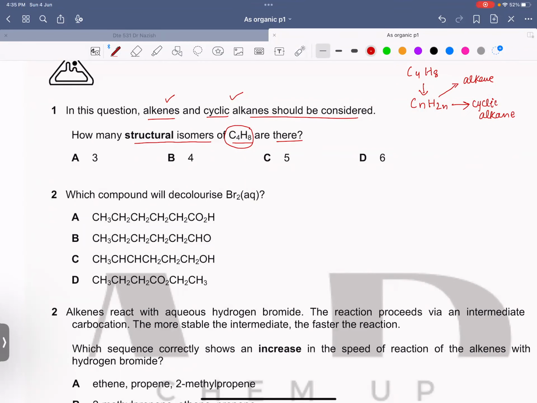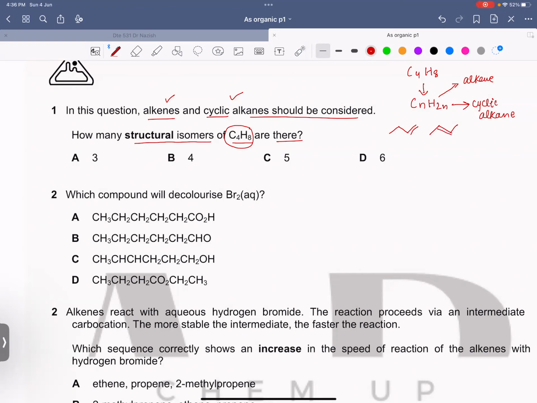Okay. Now let's start with C4H8. If I draw the skeletal formula, you can look over here. 2 carbons, 3 carbon, 4th carbon, and 1 double bond. It's butene, right? So this is one isomer. The other possibility is that this double bond shifts its position, and we will draw this one.